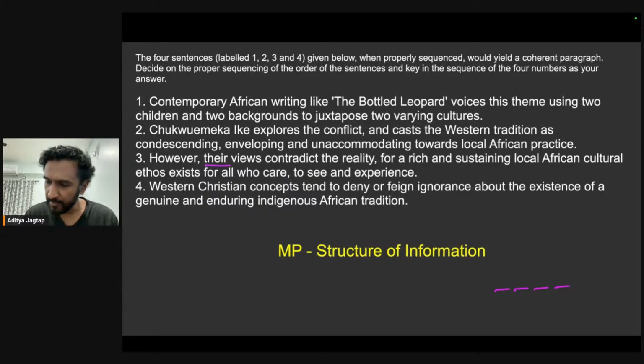Okay, so we have this clue here: local African cultural ethos exists, talks about this denying enduring indigenous African tradition. It essentially tells us that this idea of there being no African tradition is invalid. Now let's look at two. Seemingly this person is probably some African author who explores the conflict and casts the Western tradition as condescending, enveloping and unaccommodating toward local African practice.